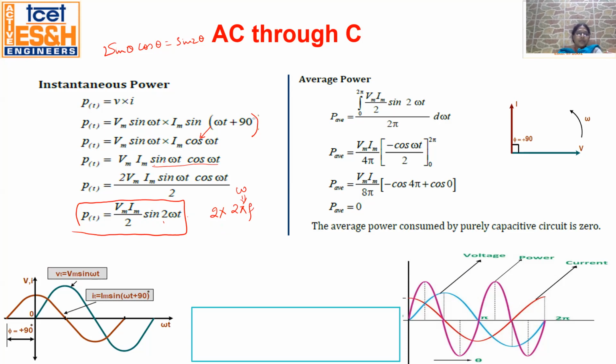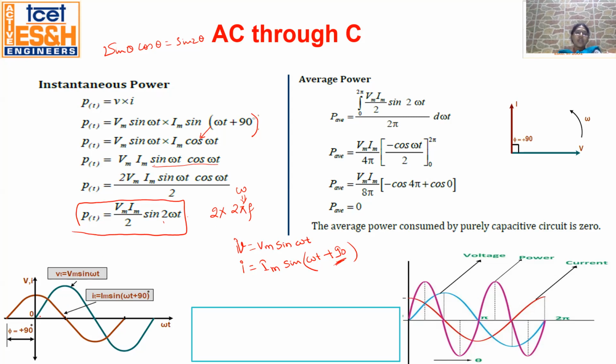So as per the equation, voltage is Vm sin omega t, and I is equal to Im sin omega t plus 90. So here current has a leading phase.